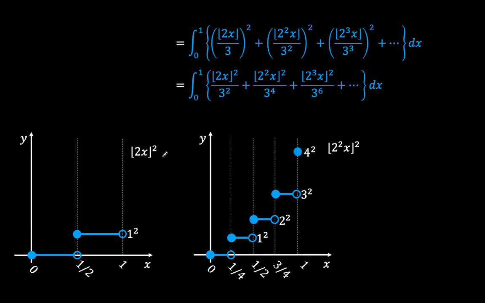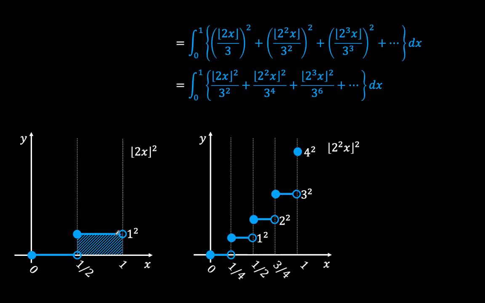So now at 1, obviously, 1 times 2 squared is 4, so it will be 4. But that is just that instantaneous value at that particular point of x equals 1, so we won't really factor that. And so the integration of these subcomponents, for example, of the floor function of 2x squared over 3 squared, if we focus on the numerator alone, the integration will pretty much just be the area under this curve.